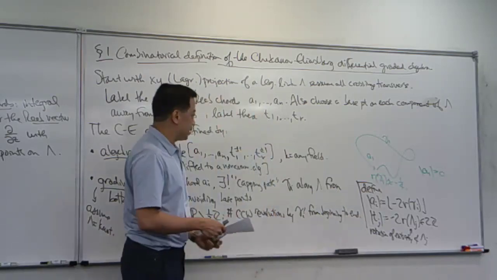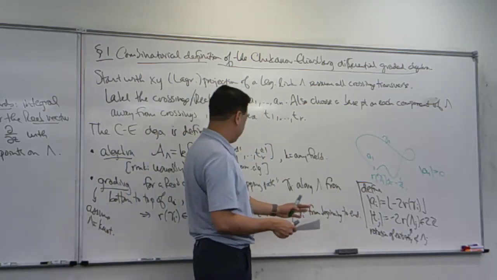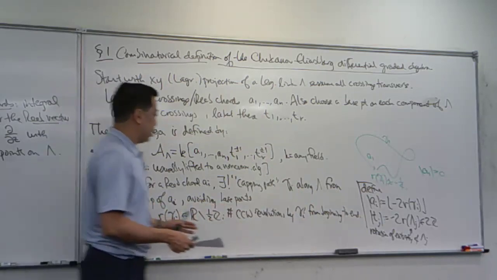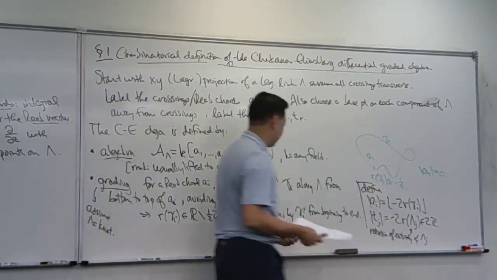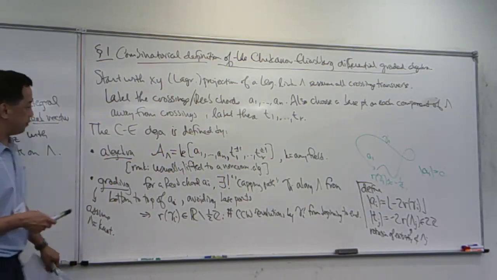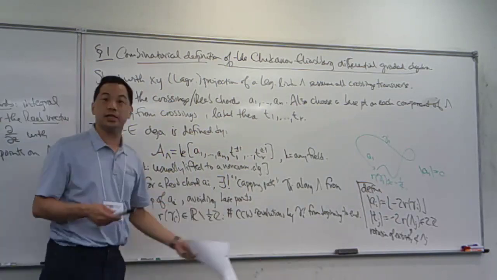If you count the number of counterclockwise revolutions, that actually is an integer. So I'm taking that integer, multiplying by 2 and putting a minus sign on. Nothing so far has depended on the orientation of the Legendrian, but this one might.